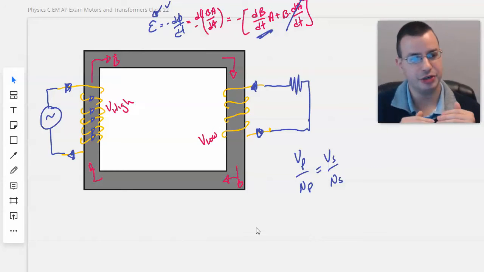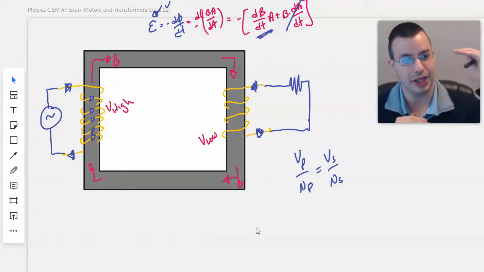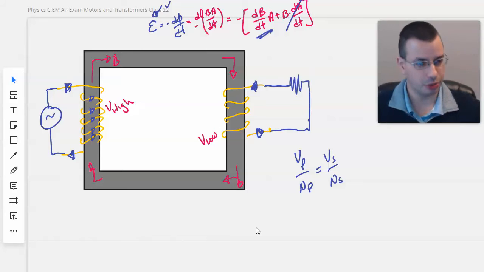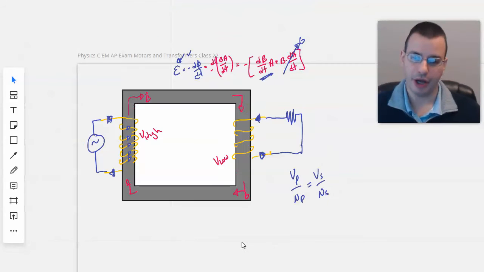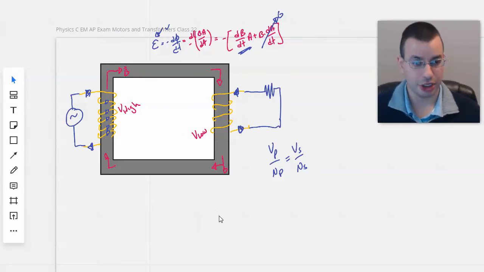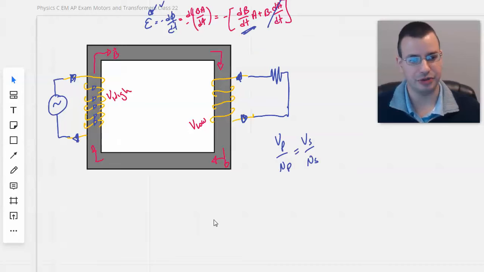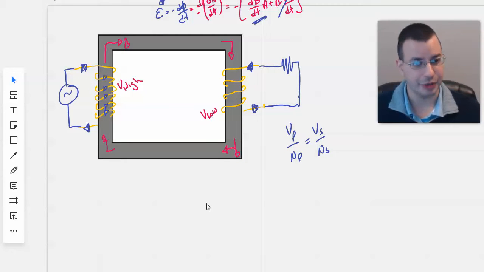And so then they transform this voltage to really high. It transports well across power lines, and then once it gets to wherever the end user is, it can then transform it down to something that's more usable. You really don't want to be using like 10,000 volt electricity in your house.